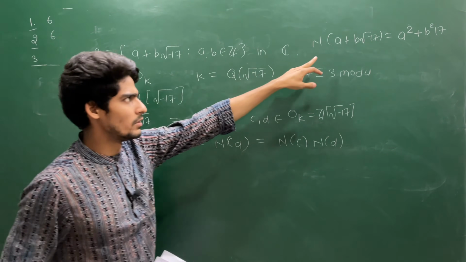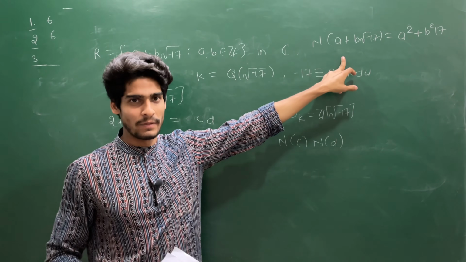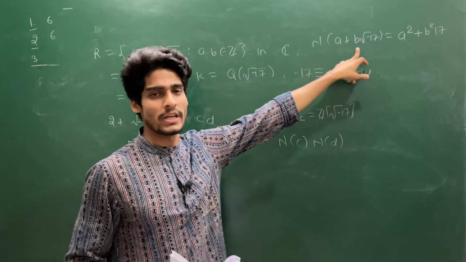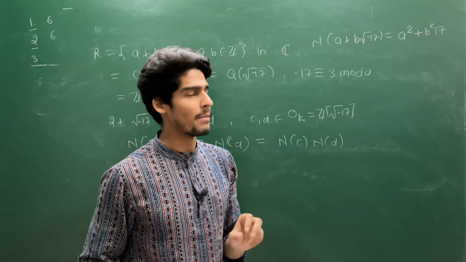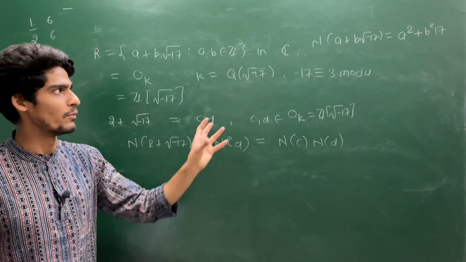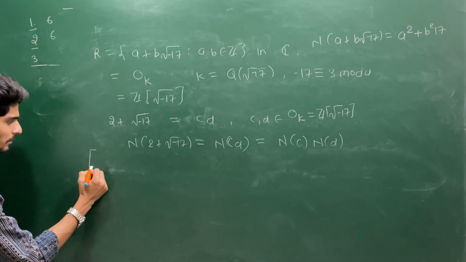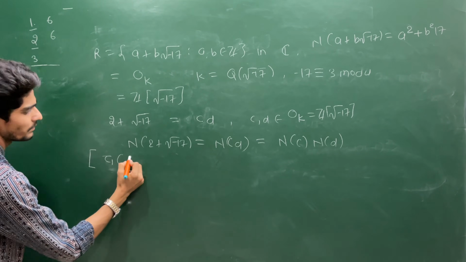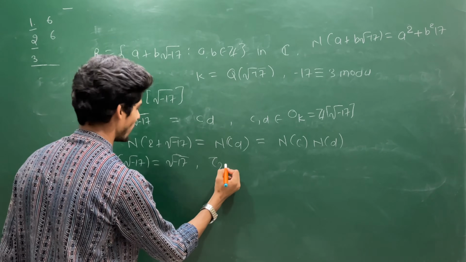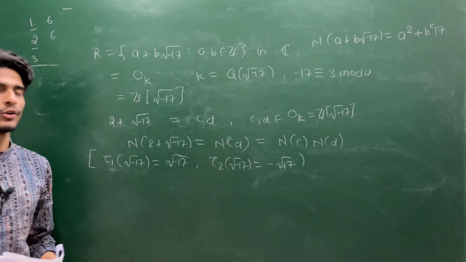There is another way to write this norm. For that you just need to be good in Galois theory. First, you should know the embeddings. Two embeddings exist here: one is the identity mapping, and the other sends square root of minus 17 to negative of square root of minus 17. If you take the product of those two, you will get the norm of any element. So you have two embeddings. Let me write here: tau 1 will send square root of minus 17 to square root of minus 17, and the second embedding tau 2 will send it to negative square root of minus 17. These two come from Galois theory.